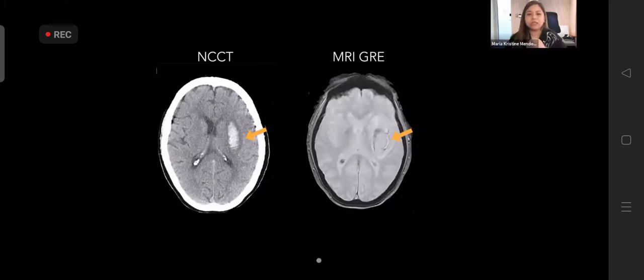For MRI, of course, magnetic resonance imaging, the difference from CT is you have different sequences to look for and interpret. But for hemorrhage, the primary sequence that you would have to look at is the gradient recall echo or the susceptibility weighted images, which is the one sensitive in detecting blood products.